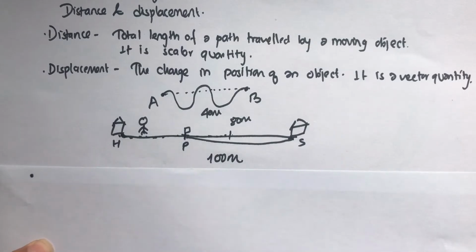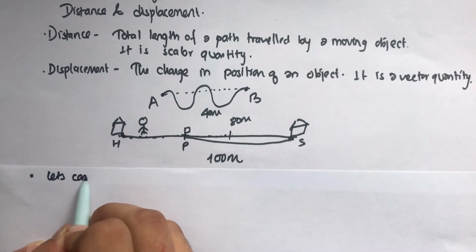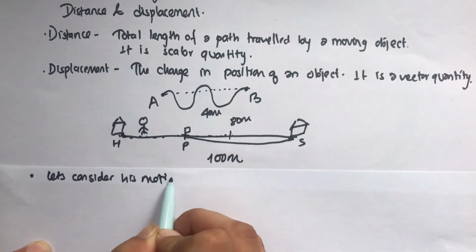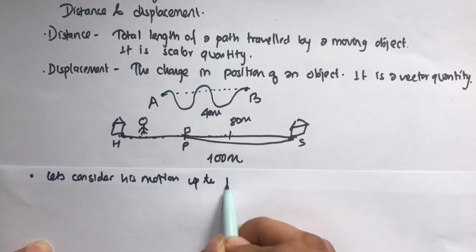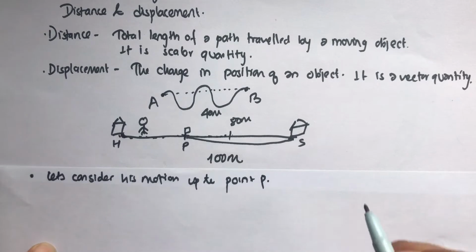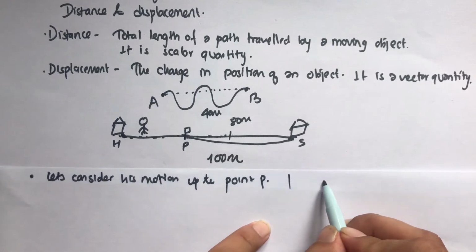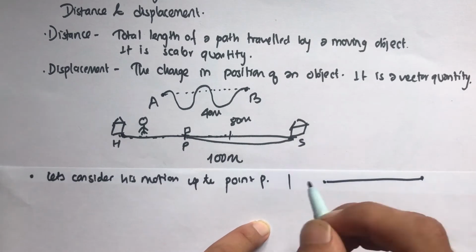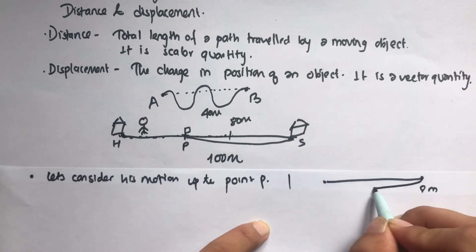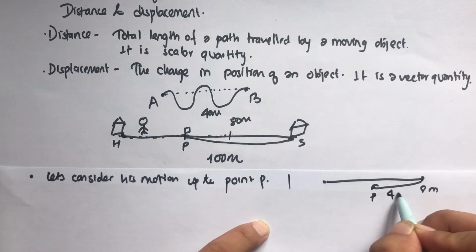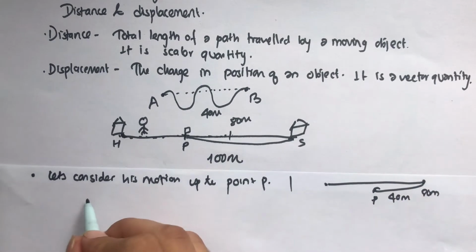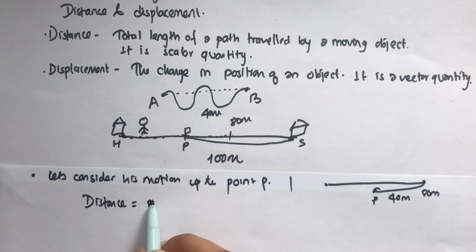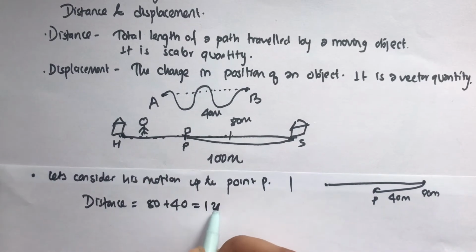In this scenario, let's consider his motion up to point P. So up to point P, the boy headed towards the shopping mall 80 meters, then he returned back to the point P 40 meters. So the total distance the boy has traveled is 80 plus 40, which is 120 meters.